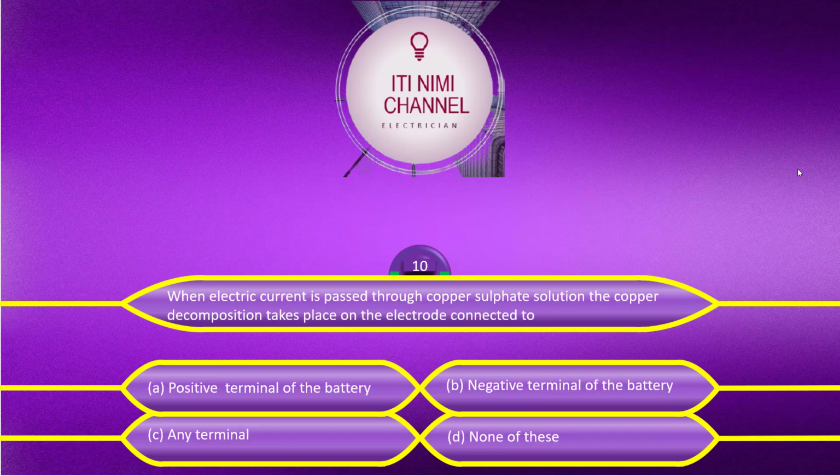When current is passed through copper sulfate solution, the copper decomposition takes place on the electrode connected to positive terminal of the battery, negative terminal of the battery, any terminal, none of these. The answer is negative terminal of the battery.